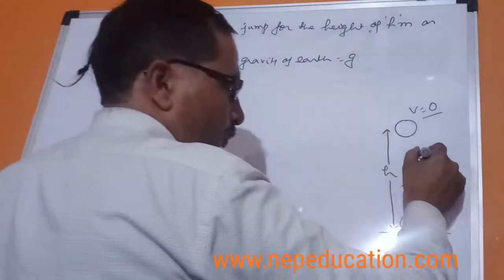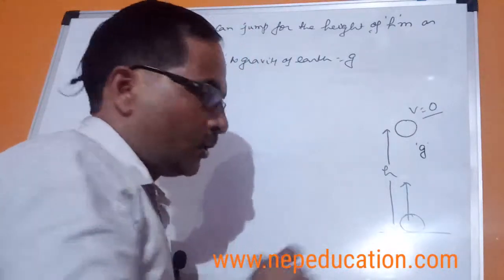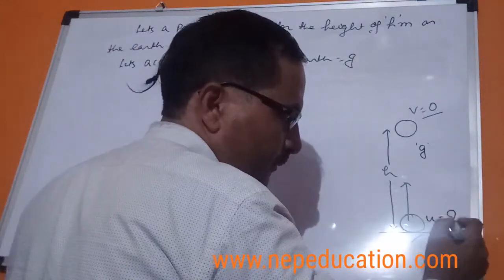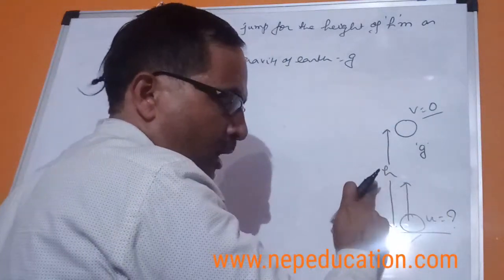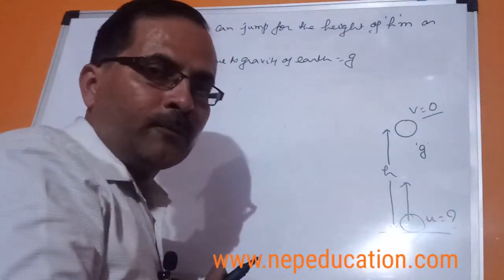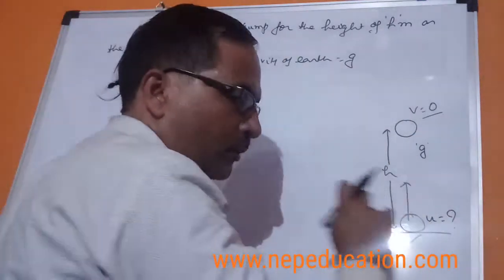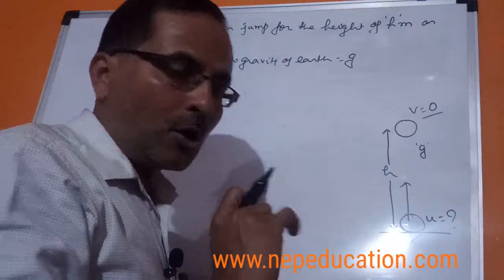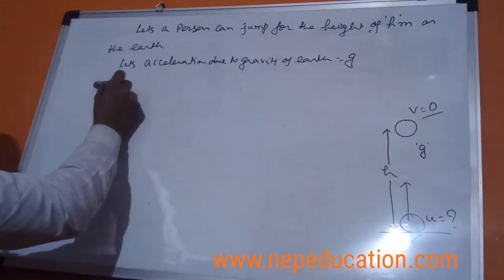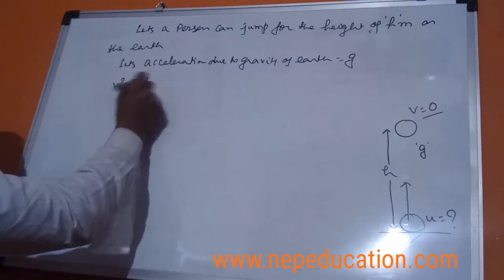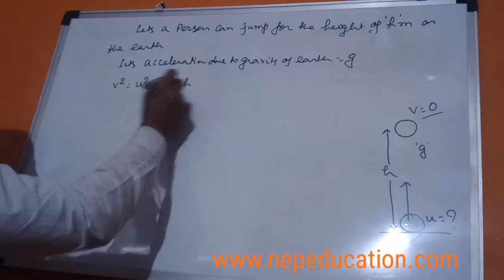Here acceleration due to gravity for the earth is g. Initial velocity u we have to find. v, g and h are given, so we can find u, the initial velocity. Which formula can we use? v square is equal to u square plus 2gh.